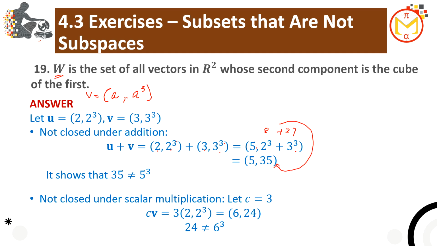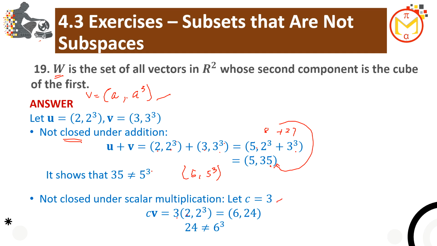And this 35 is not equal to 5 cube, because if you do addition, it must be 5 cube to follow the form, but it does not follow. So under addition, it is not closed anymore. What about scalar multiplication? You have 3.